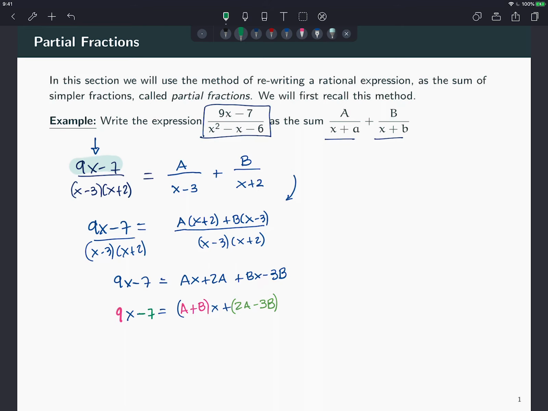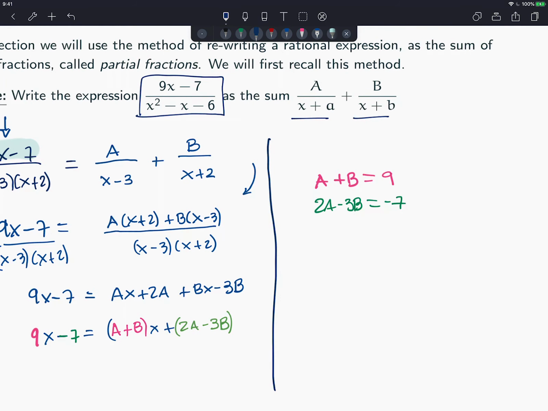So I really end up having a system of equations where a plus b should be 9 and 2a minus 3b should be negative 7. So now my problem changes to just solving this system of equations: a plus b equals 9 and 2a minus 3b equals negative 7.